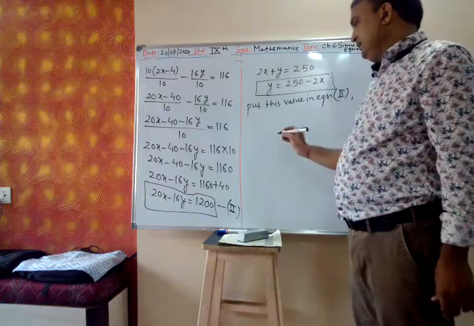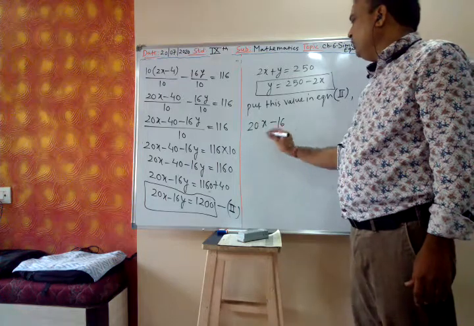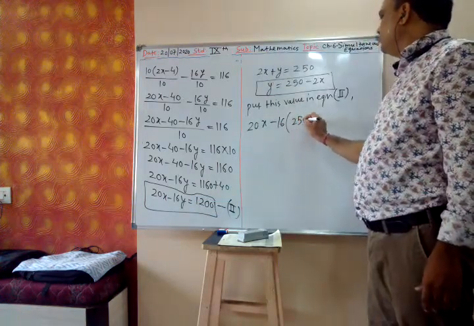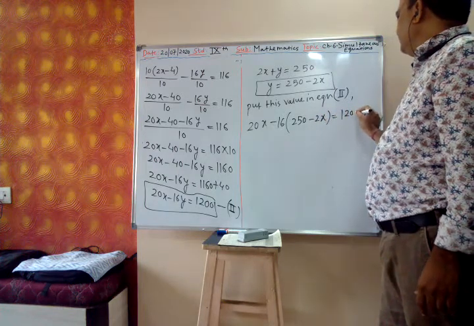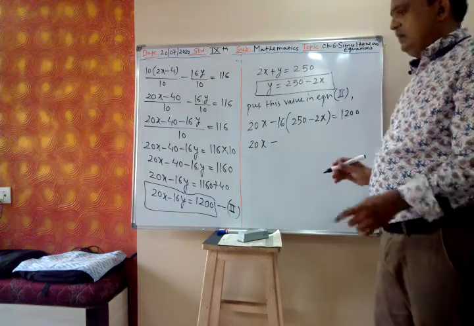So put this value of y in equation 2. You will get 20x minus 16 into y, and my y is 250 minus 2x, is equal to 1200.